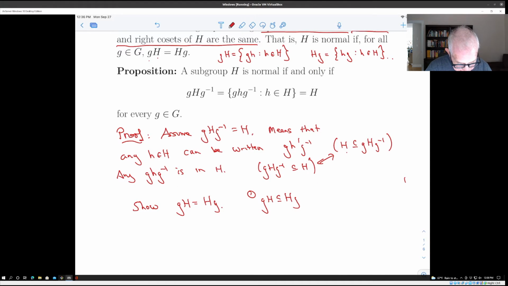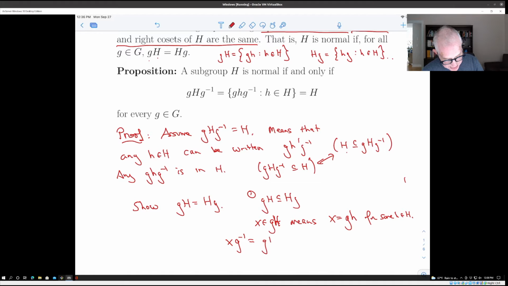Well, if I take x in gH, that means that x is equal to gh for some h in H. We use the fact now that if we write xg inverse, which is equal to ghg inverse, this is in H, because we've just said that gHg inverse and H are the same.